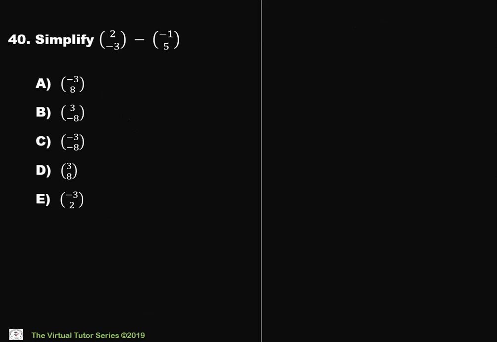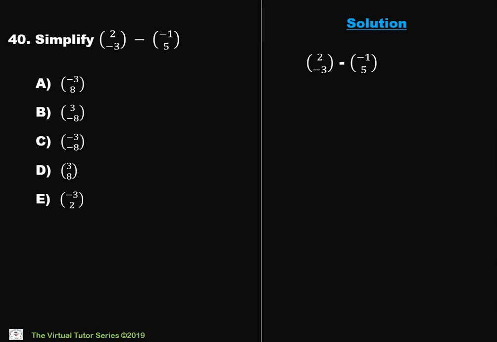Question 40. Simplify vector (2, -3) minus vector (-1, 5). Solution. We are to subtract the vector (-1, 5) from the vector (2, -3).